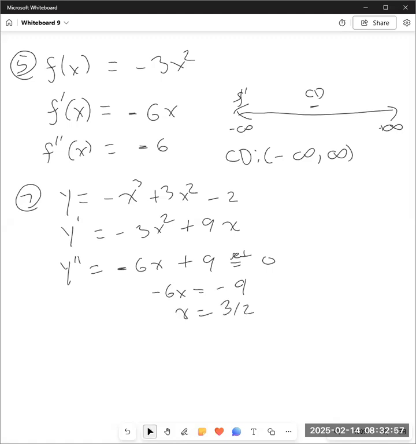A word of warning, even though we're doing the same process to find these numbers here, do not call these numbers critical numbers. Critical numbers are related to the zeros of the first derivative, not the zeros of the second derivative. The zeros of the second derivative tell us something else.